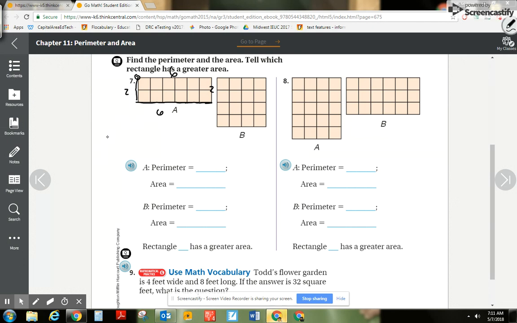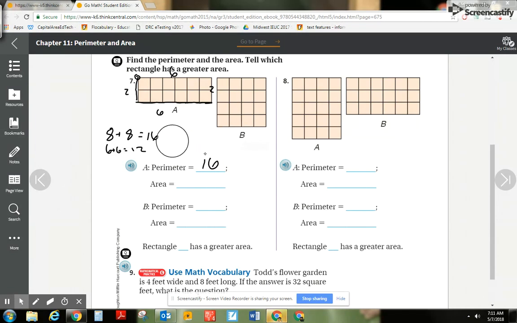I could do 2 plus 6 is 8, and then 8 on the other side is 16. I could do 6 plus 6 is 12, and then 2 plus 2 is 4, and put 12 and 4 together to get 16. You could count all the way around. Whichever way works best for you, whichever way you're the most accurate is terrific.